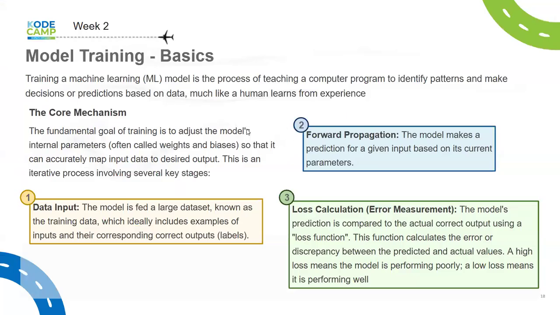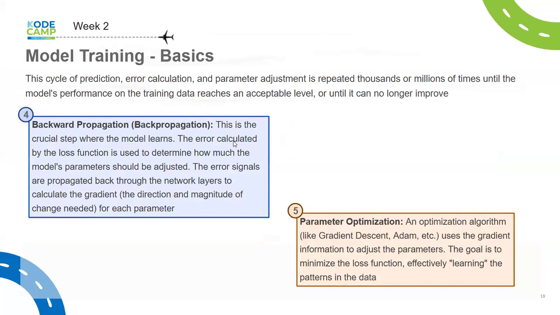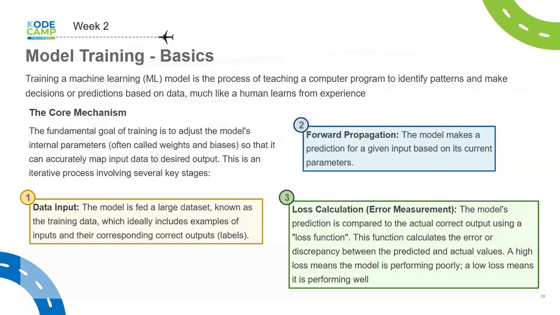Okay. Now, when you have done that, the next thing is to do training. So let's talk a little bit about training. When you are training, you are teaching the model to identify patterns and make decisions based on the data, the same way a human being would do that.